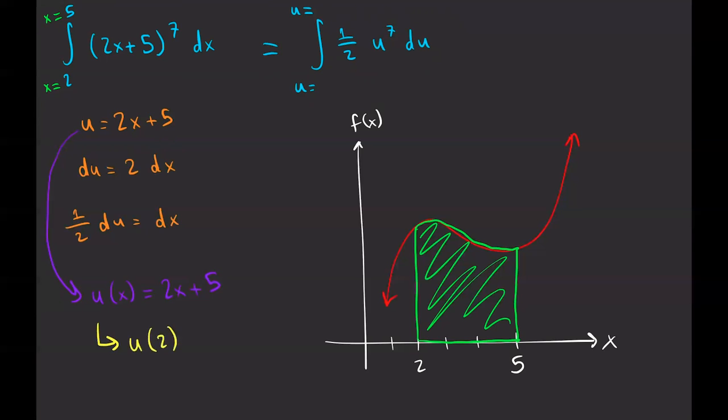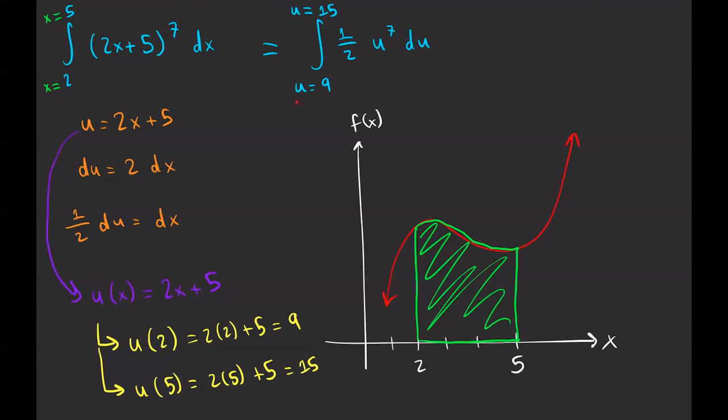Plugging in X equals 2, I end up with 9. Then I can also plug in U of 5, which gives 2 times 5 plus 5, which is 15. So we've converted our limits of integration from X into U, and I can do that on the integral as well.